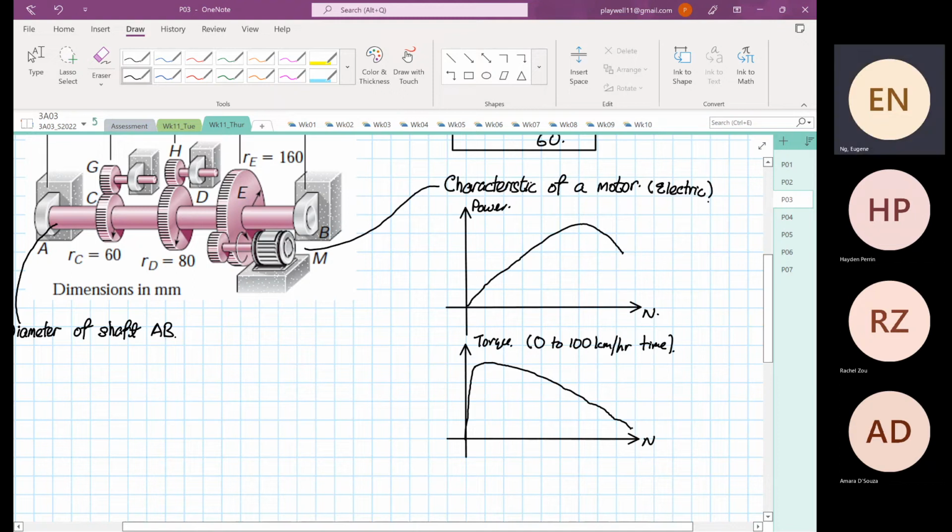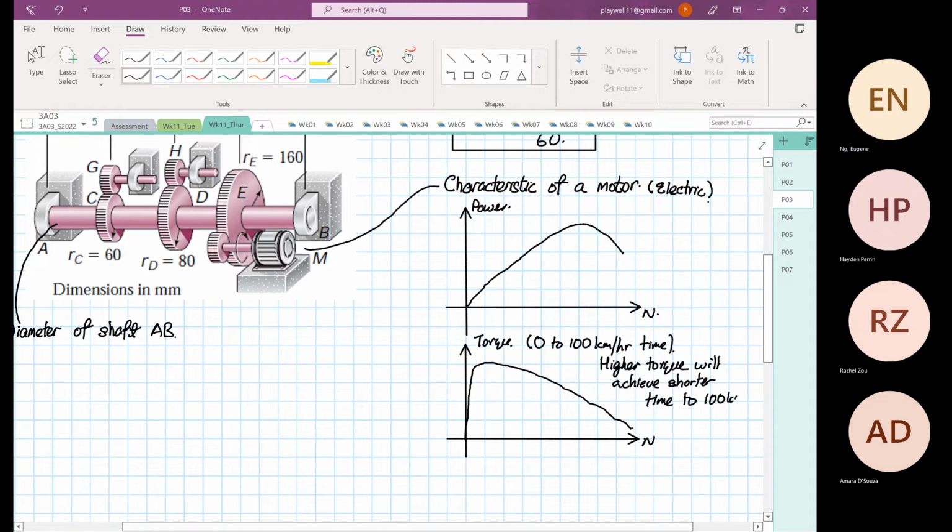The higher the torque at an earlier time, your 0 to 100 kilometers per hour will be shorter. So the higher the torque, you will achieve a shorter time to 100 kilometers per hour.